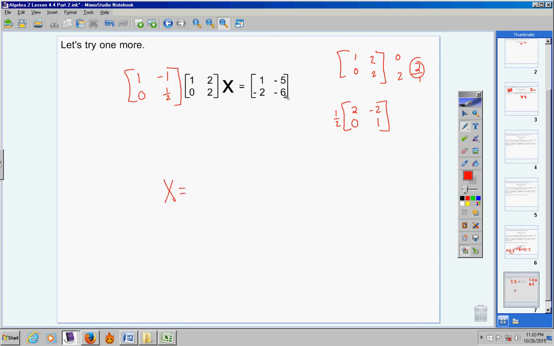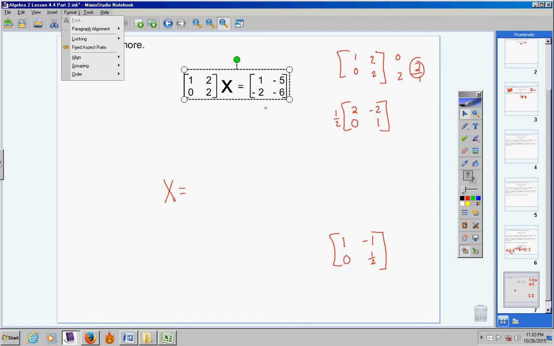Now, don't forget, for this matrix here, I've got to take this inverse matrix times this side here. But remember, I have to put the inverse matrix first.